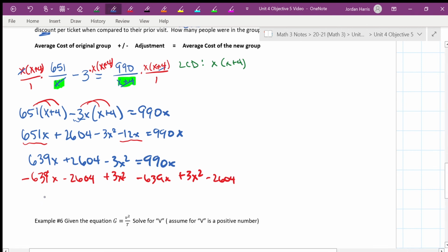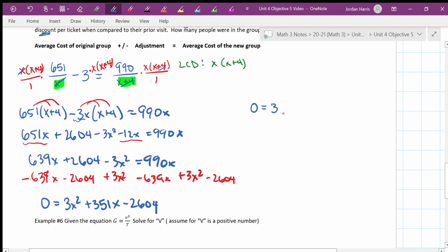And so I get 0 equals 3x squared. Subtract these. 990x minus 639x is 351x. I would use a calculator for that. Okay. We always check for a GCF first, which this one actually indeed has. Not easy, but it is a GCF of 3.